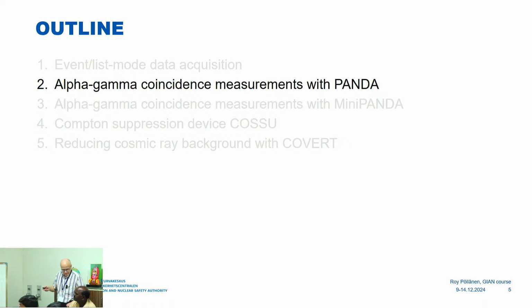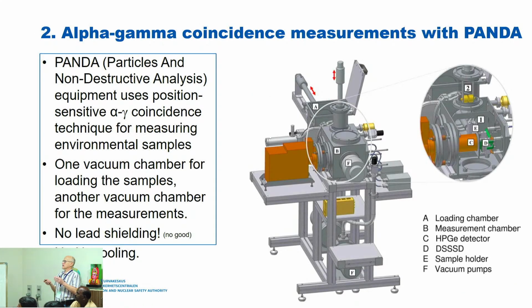This is again an animal name. You remember this ASI software, donkey, and bull, car. Now this is PANDA, developed in our institute. So this seems to be a very complicated system, but basically there is a gamma spectrometer here and an alpha spectrometer in this vacuum chamber.